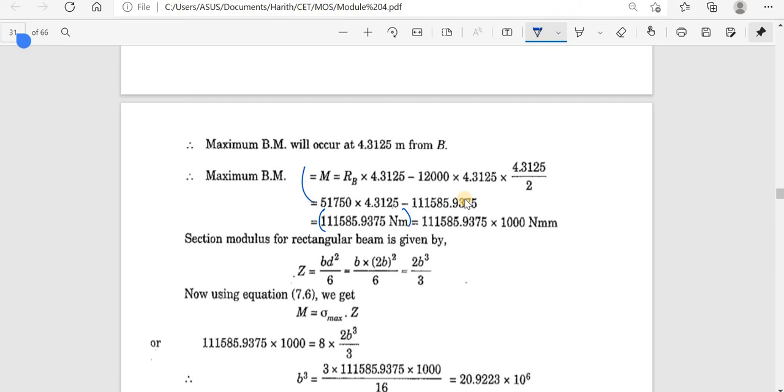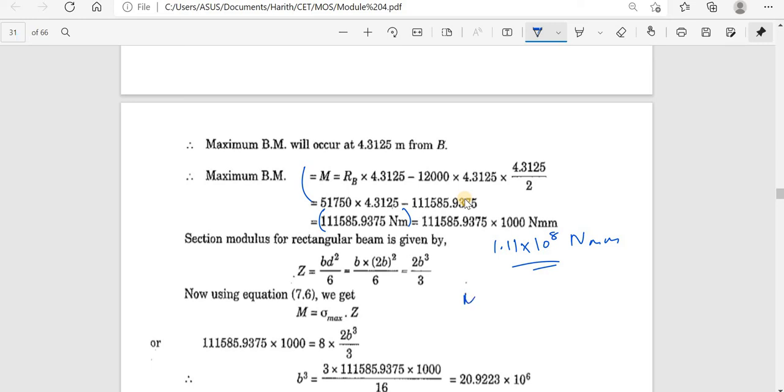Simplifying this, it is 1.11 into 10 raised to 8 Newton millimeter. You can write it that way also. So now I have found M.